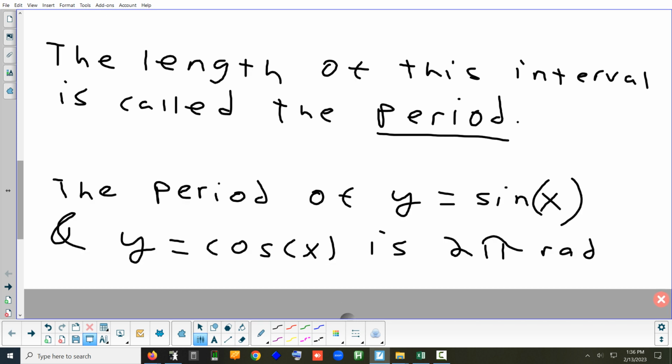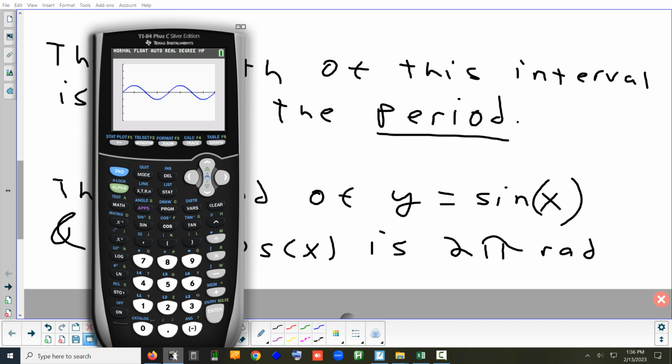So the period of sine and cosine is 2 pi. Now, we've done transformations, so we know we can stretch or compress horizontally. Let's say I did something like sine 2x instead of sine x.